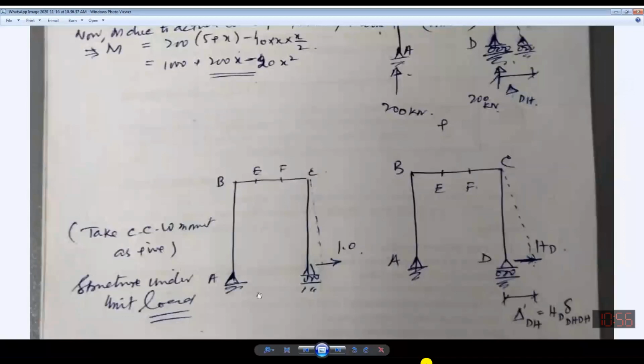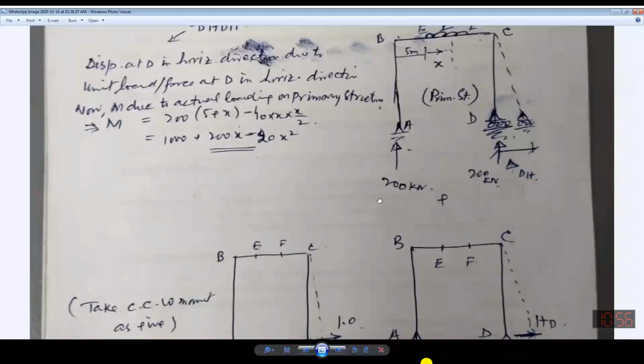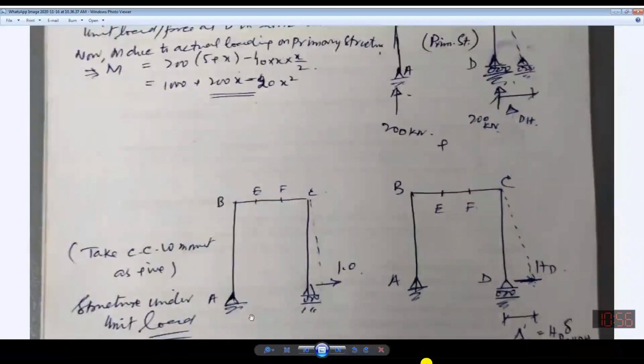I told you that it can be taken to be positive or negative. The same nomenclature approach can be adopted, but it should be the same for one structure.